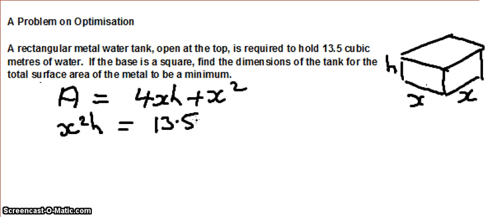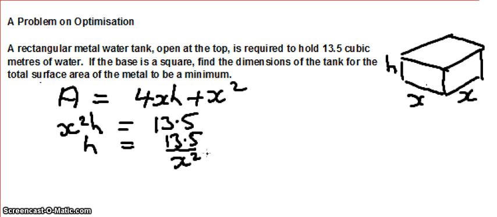If we rewrite that as h equals 13.5 divided by x squared, I've made h the subject. It seems to be somewhat easier in this case.